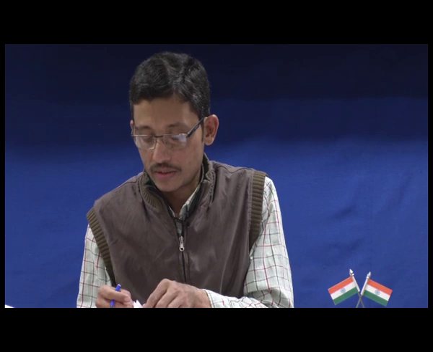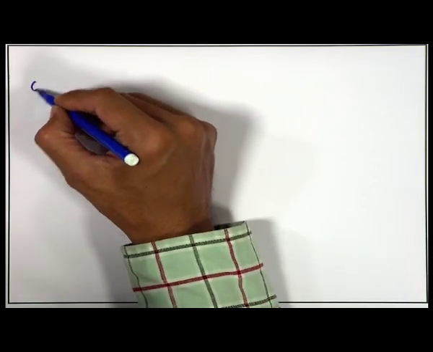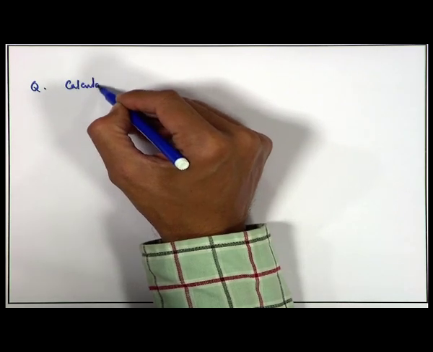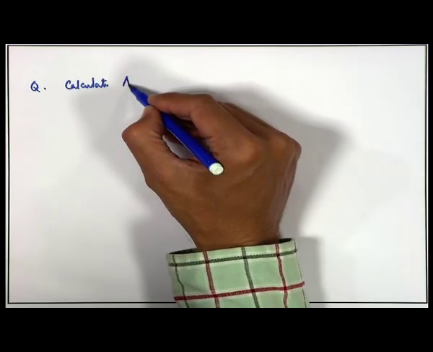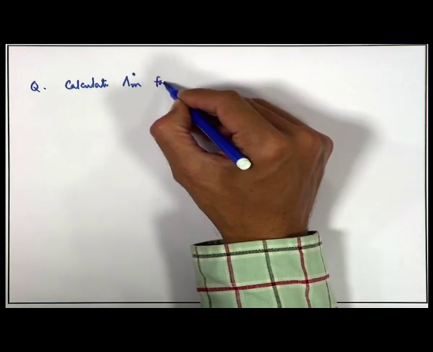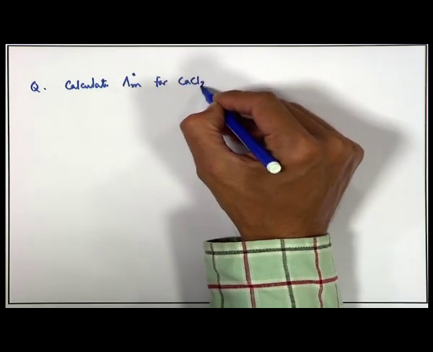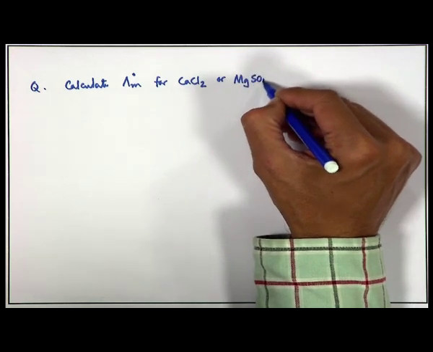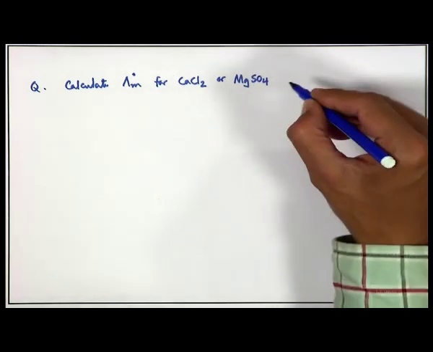Now, few simple problems that one can try out, like a standard question: calculate lambda m 0 for say calcium chloride or MgSO4 using standard data.